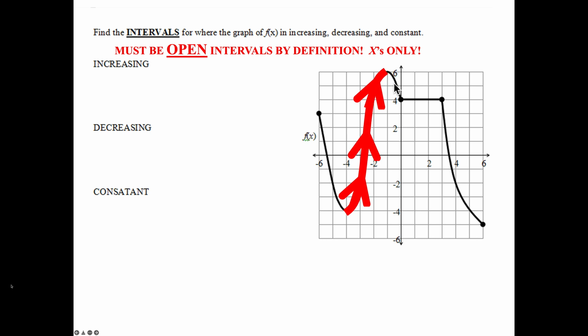Okay, I'm decreasing. Oop, now I'm constant, and I'm still decreasing. Y's are getting smaller, y's are the same, y's are getting smaller. So I only have one interval where it's increasing, and that's, don't go to the y's, -4 to 6 is not the answer. You go to the x's.